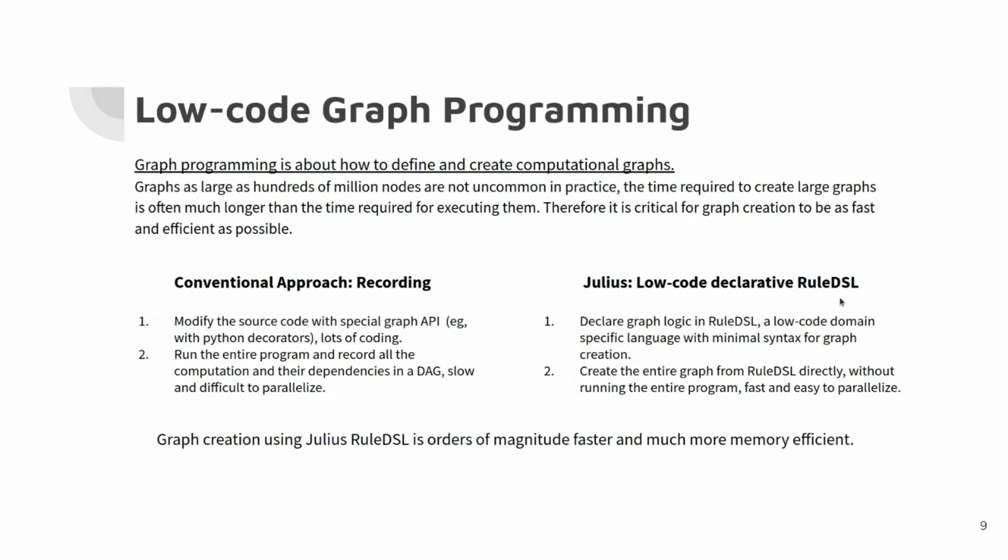Now let's move on to explain a bit better this low-code graph programming point. Of course, graph computing starts with some kind of graph programming method. How you do your graph programming actually has tremendous importance in the performance and the characteristics of your graph computing solution.